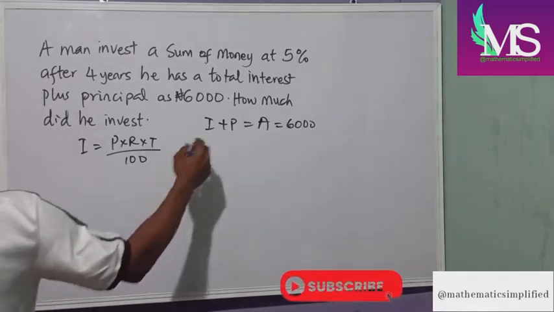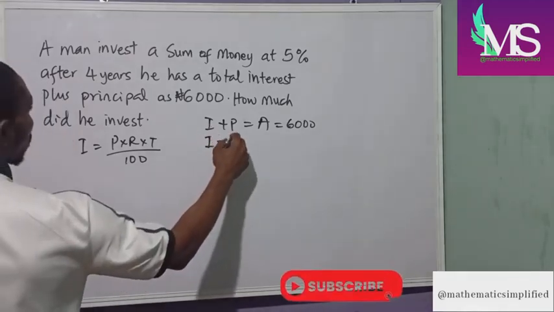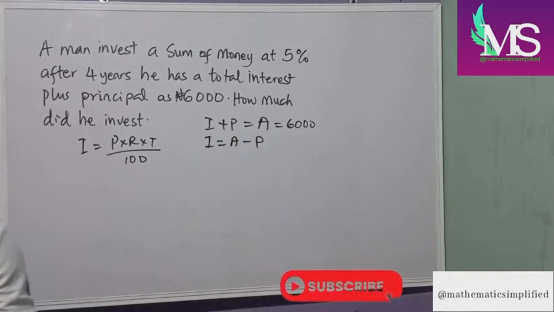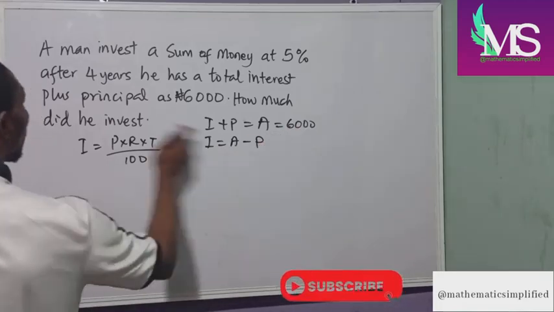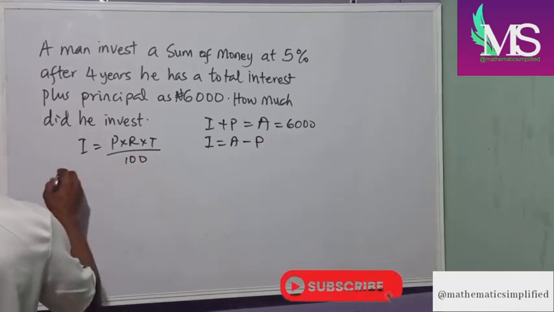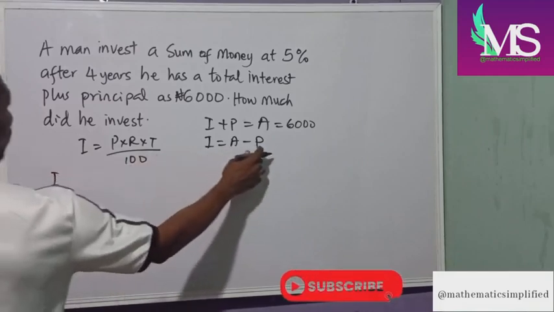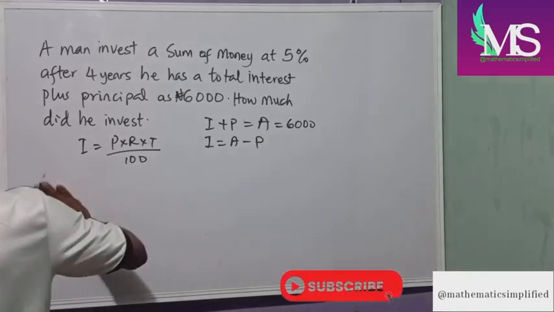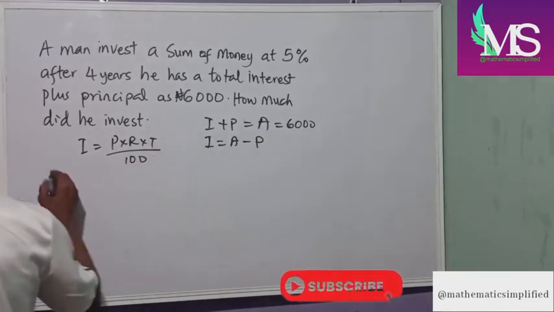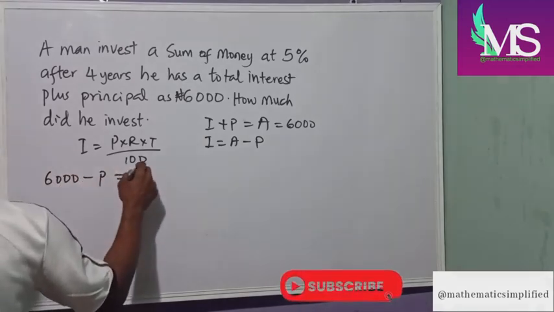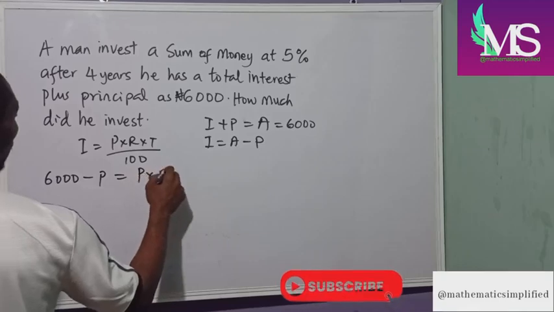Now, bringing this together, we know that interest equals amount minus principal, right? So the amount is 6,000, and our interest, which is amount minus principal, will become 6,000 minus principal equals principal times rate.